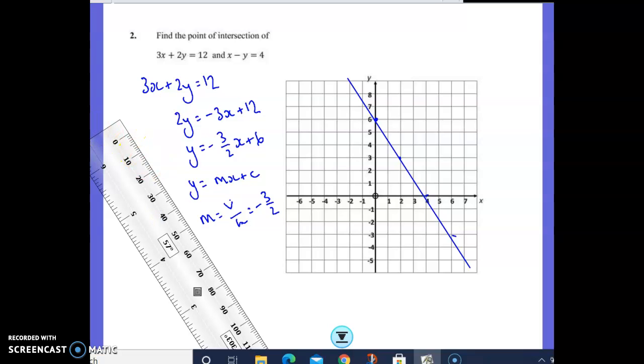The next one, I've got x minus y equals 4. So that gives me y equals x minus 4 rearranging. Compare that to y equals mx plus c. I start here at minus 4. Got a gradient of 1, so go along 1 up 1, along 1 up 1, and so on. You can see there where my point of intersection is going to be.